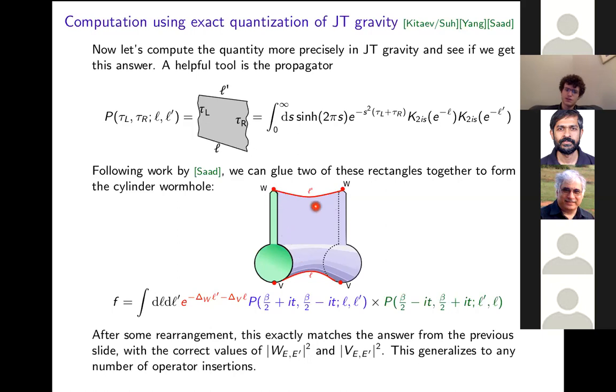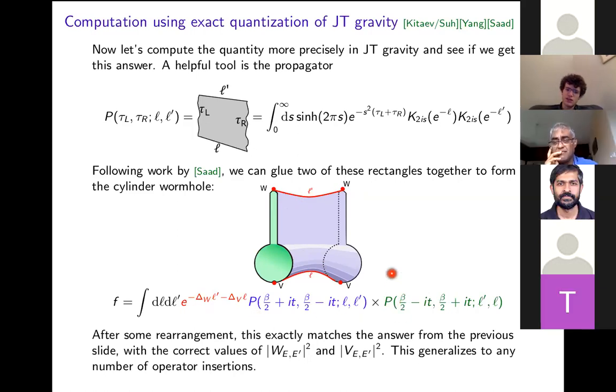So not just the operator insertions, we should also compute the path integral of the matter field, so a determinant. And I've just set that determinant equal to 1 in this calculation. That is correct if the wormhole that is relevant is big. And at late times, it's big. It's proportional to time. So at late times, it's an excellent approximation.